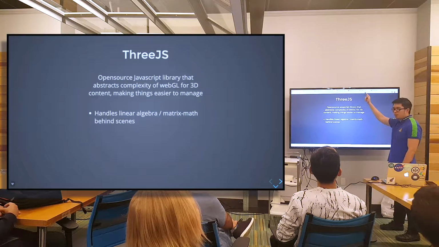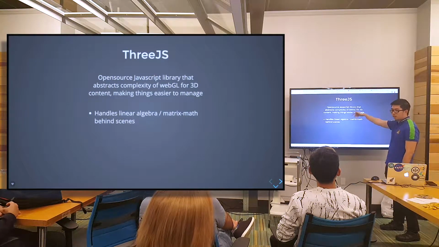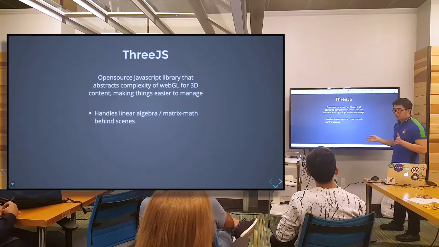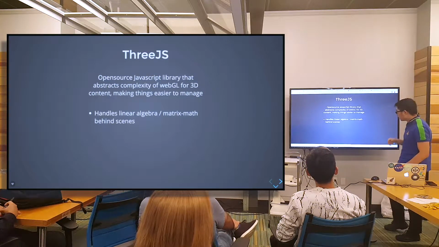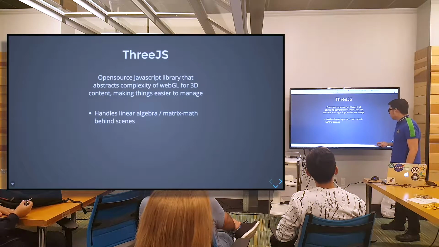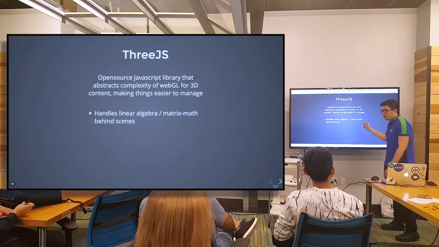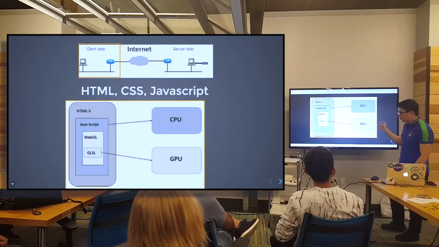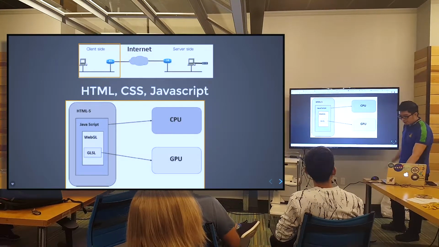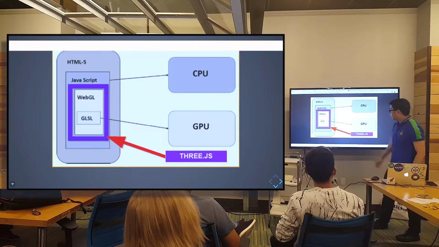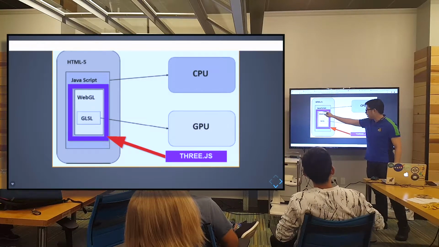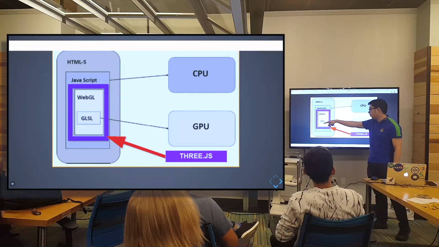So I'm going to talk about Three.js instead, which is something most people can appreciate because it's much simpler. It's an open source library that abstracts a lot of the complexity of WebGL and makes things easier to manage. What it does behind the scenes is it does all the math for you. To compare with the same diagram, you just put a wrapper between your JavaScript and your WebGL and your GLSL.